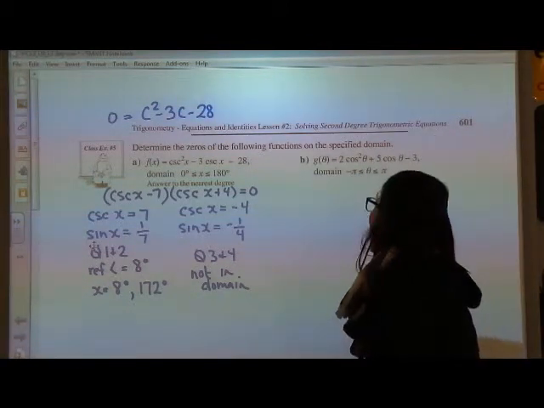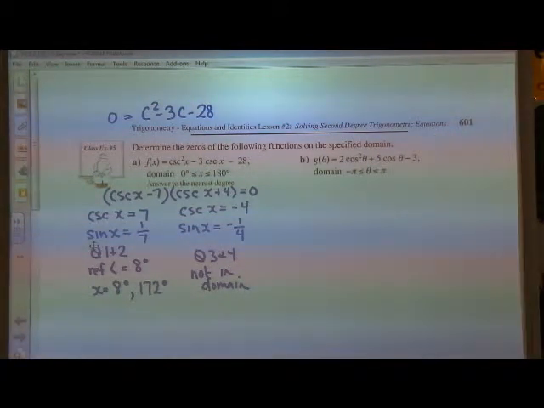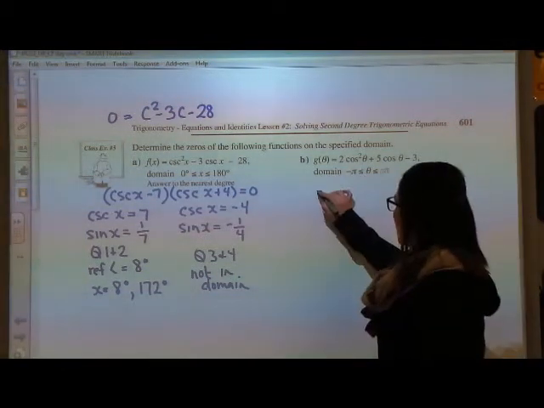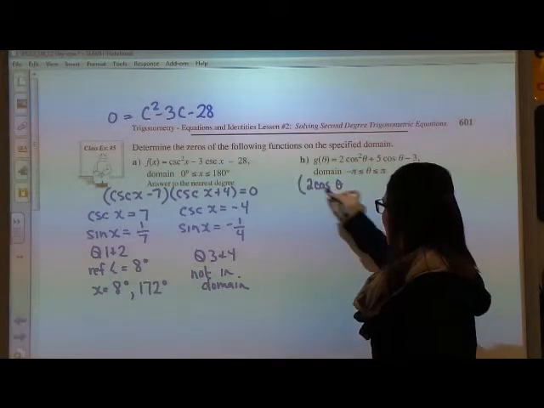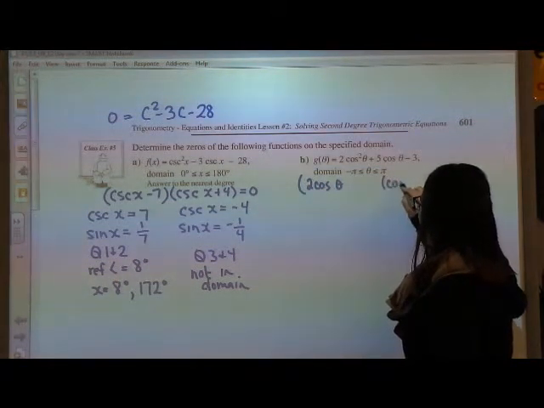Okay, so now let's look at G. I'll give you a couple of minutes to factor it, and then we'll check to see if the factoring is done correctly, and then we'll continue on. So if I go to factor this, in order to get the 2 cos squared, I know I have to have 2 cos theta this time, not x, and cos theta.